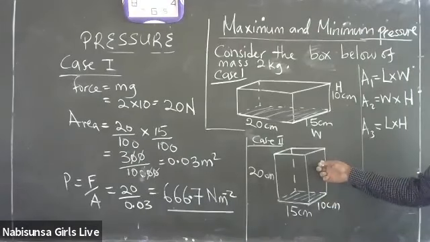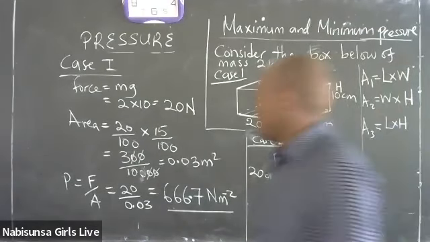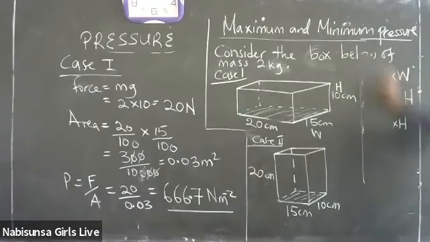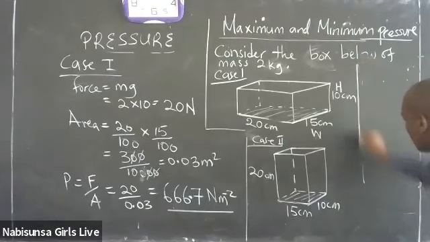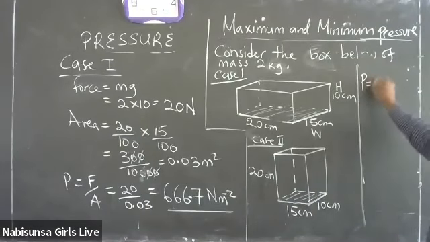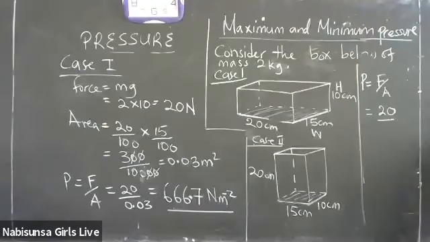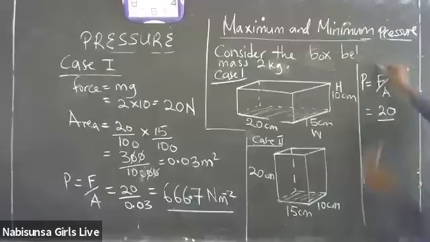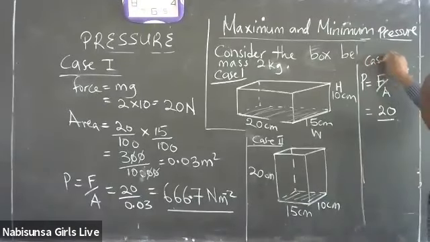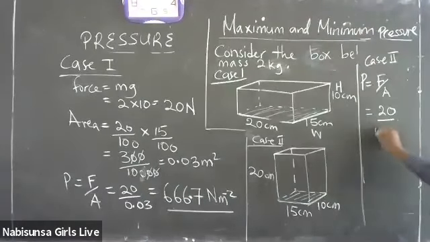Now in case 2, pressure is force out of area. The force is the same, 20 newtons. What about the area? 0.015 meters squared.